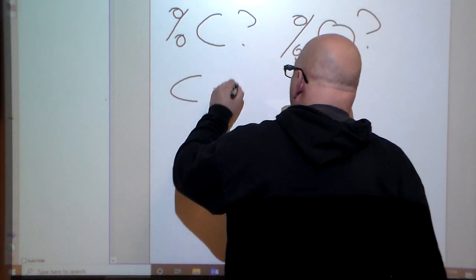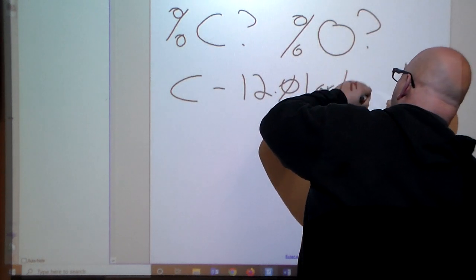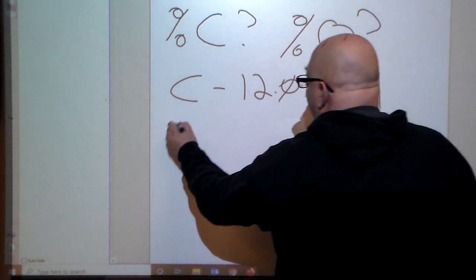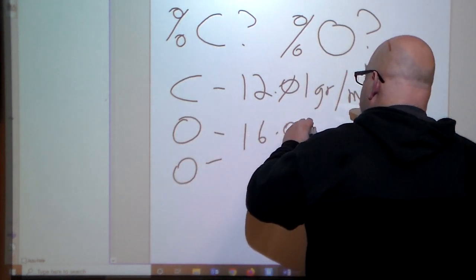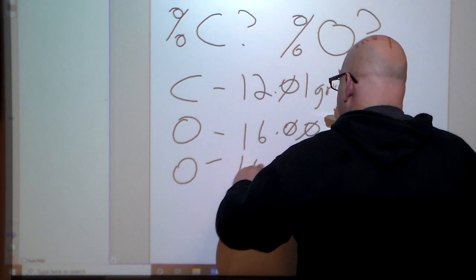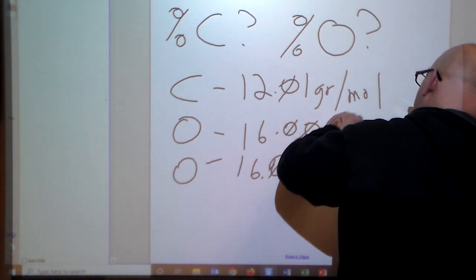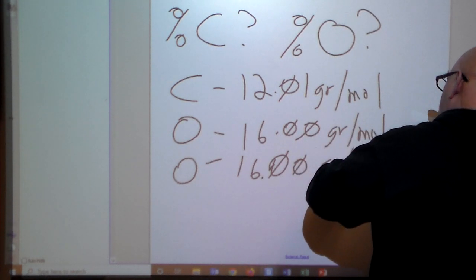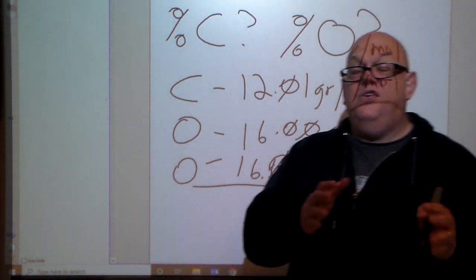So we know that a carbon is 12.01 grams per mole. We get that from the periodic table. We also have 2 oxygens, each one being 16 grams per mole. And we can add those up together, because that's what we're trying to find.